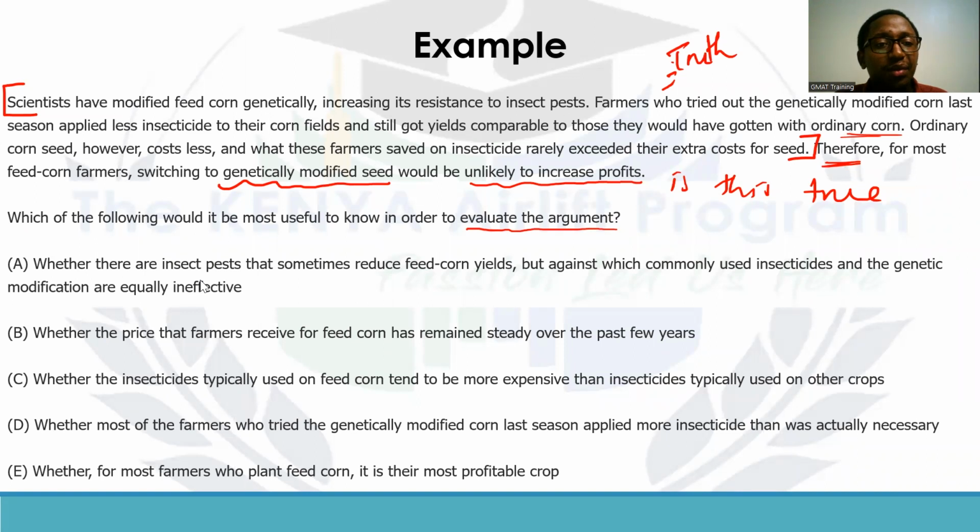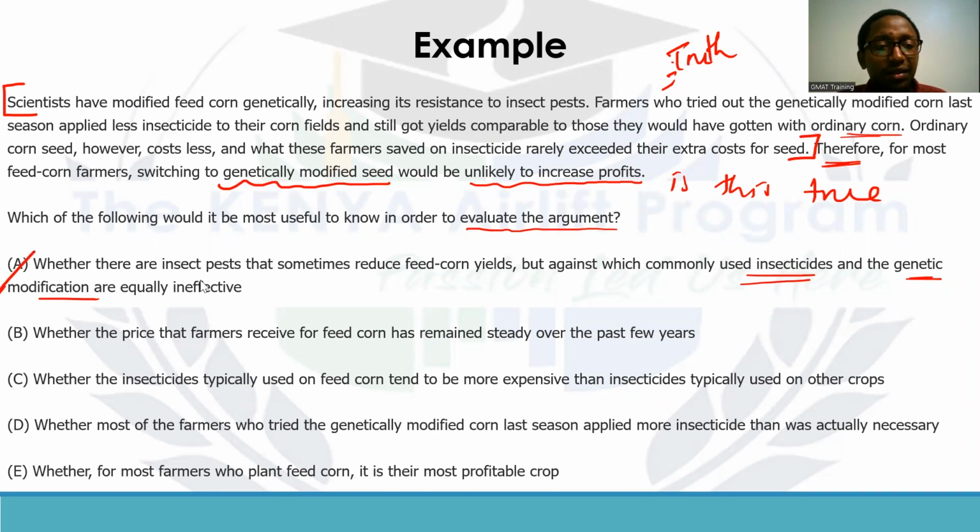So this experiment, it's testing whether there are some insect pests that affect genetic modification, and if you use genetic modification for pest control and using insecticides, they do not work. So for that, we cannot really tell if using this genetically modified seed will not increase profits.